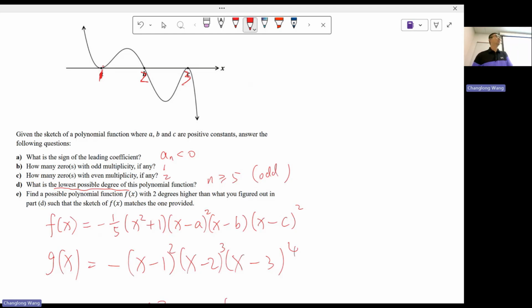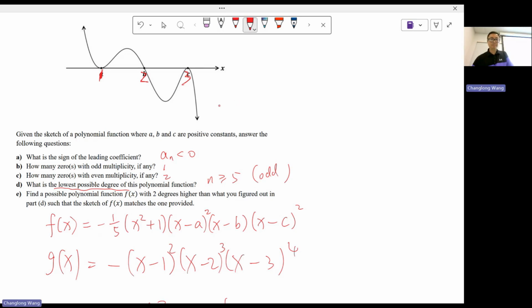Or the zeros, okay? But I remember a student in this class asking me about something in a packet that says if you have a zero with higher power, with higher multiplicity, the graph gets flat, right? How do you visualize that? What does it mean that the graph gets flat?